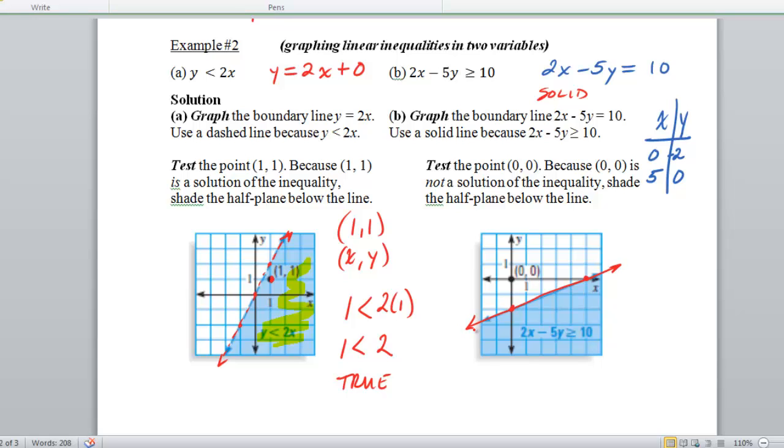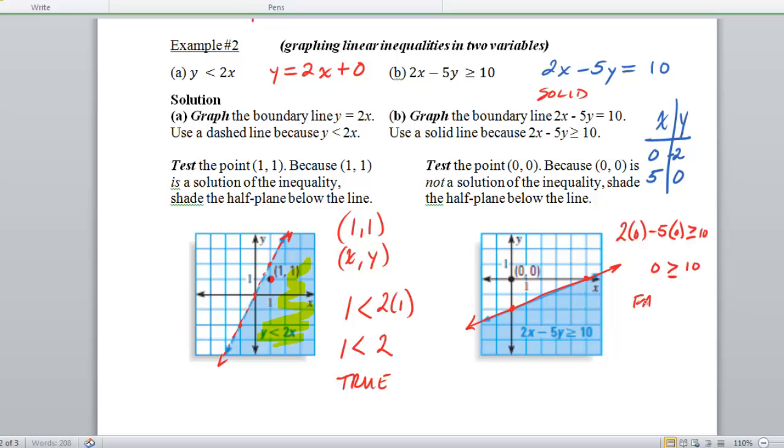And again, we need to test the point. This time, however, 0, 0 is not on the line, so I could test the point 0, 0, and I'm going to do that by replacing the x and the y value with 0, and so anything times 0 is just 0. So is 0 greater than or equal to 10?